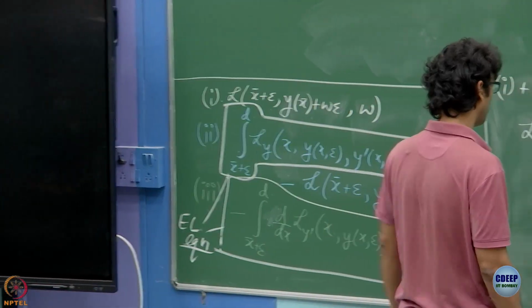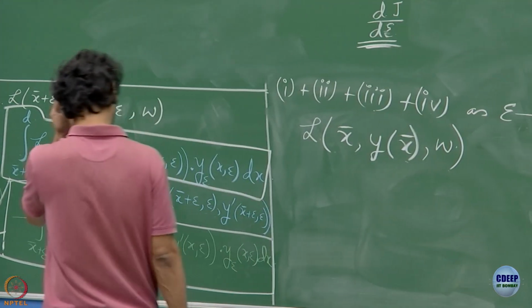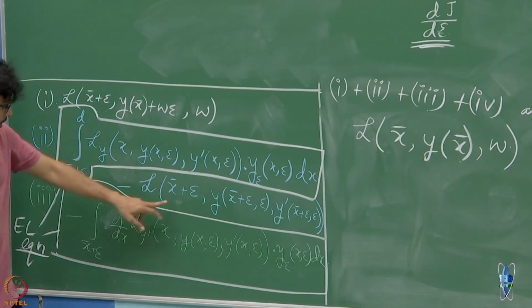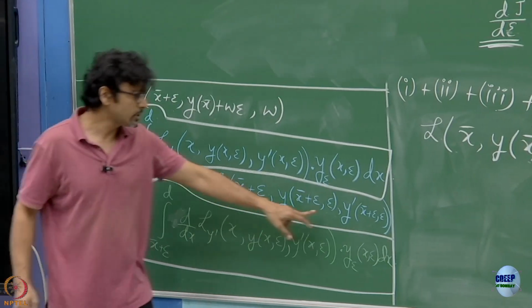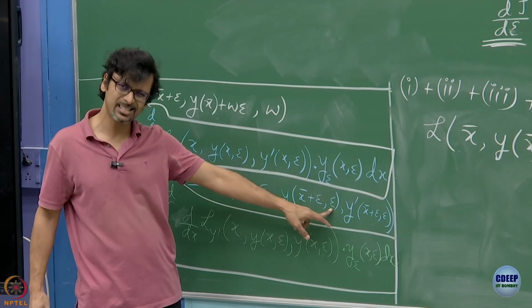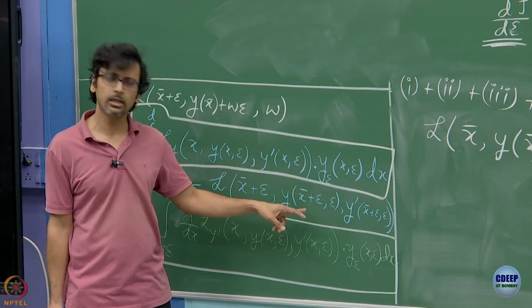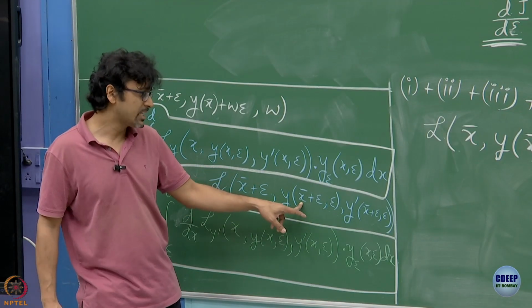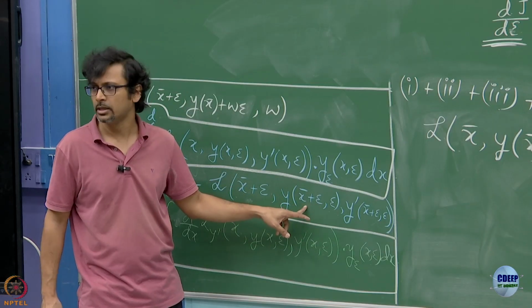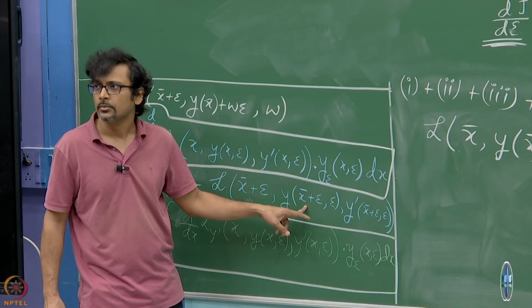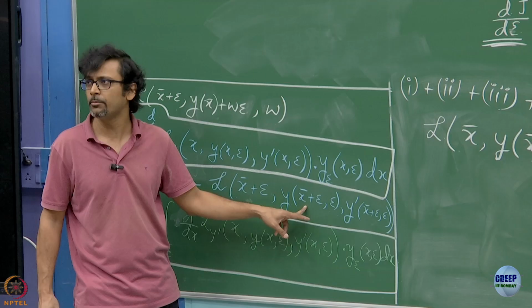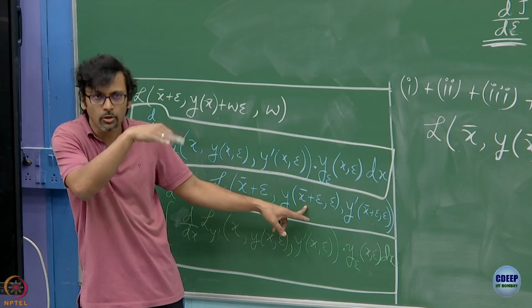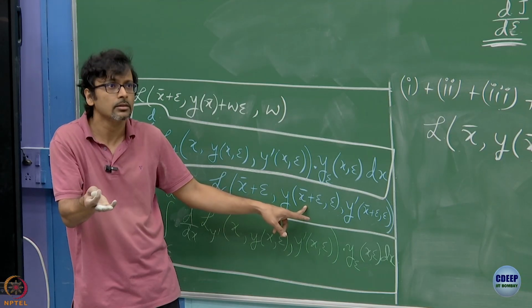Okay, what about this? This is the term that survives. If you substitute epsilon equal to 0 plus, it means you are back to the original curve again. So whether you write x bar comma 0 or just x bar, it matters not. You are talking about the nominal curve with epsilon set to 0, there is no perturbation whatsoever.